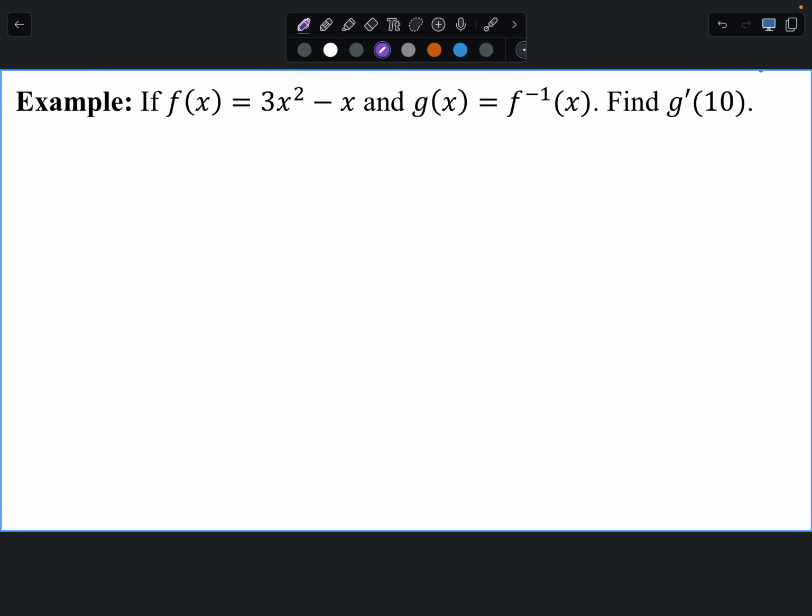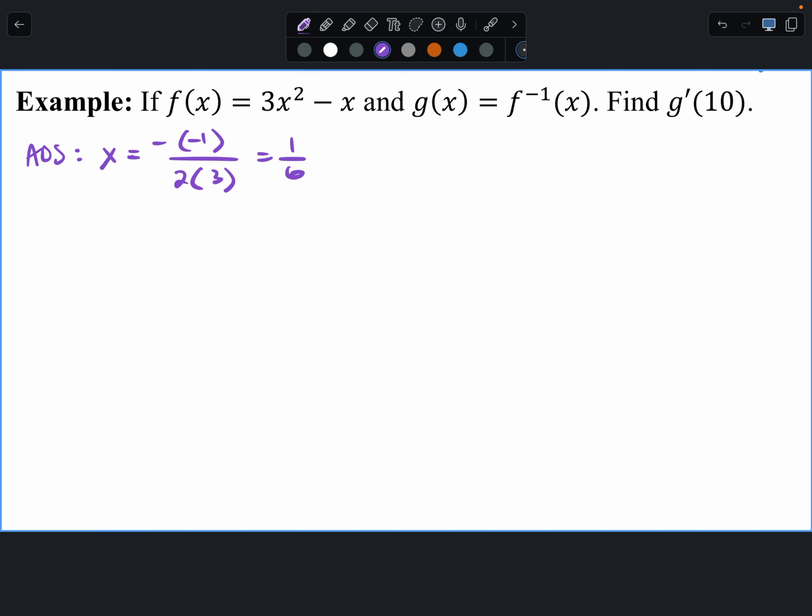So if we wanted to find the axis of symmetry here, using the AOS, think back to Algebra 1, it would be negative b over 2a. So negative b over 2a, we would get 1/6, okay?